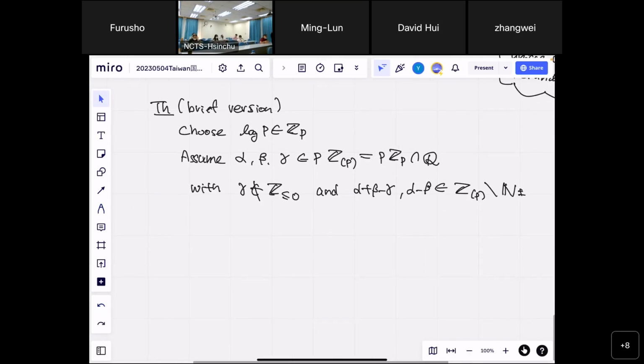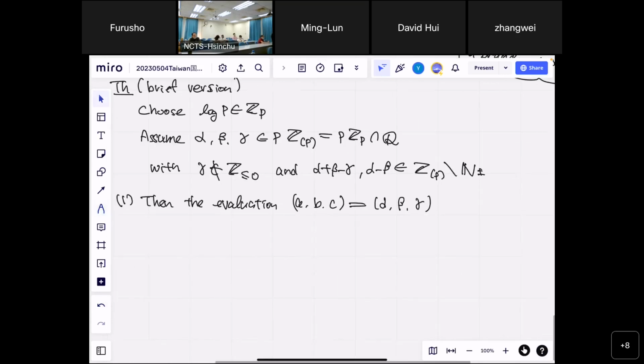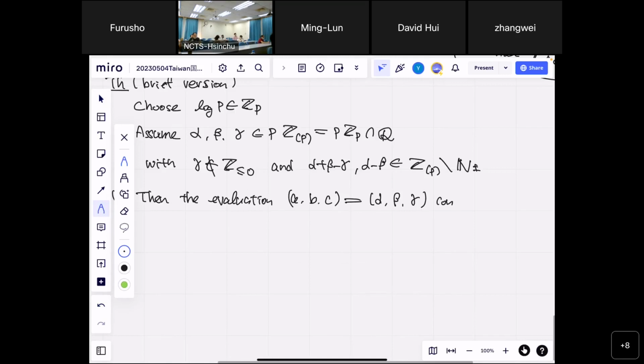Under that condition, we can show that the formal version of my p-adic hypergeometric function A, B, C, alpha, beta, gamma always converges.